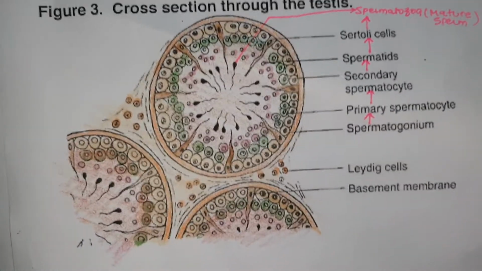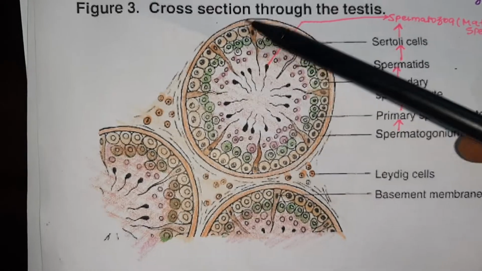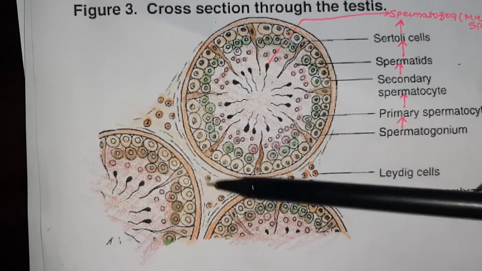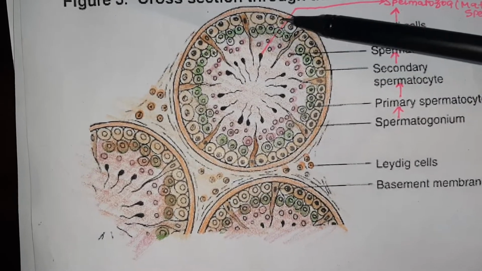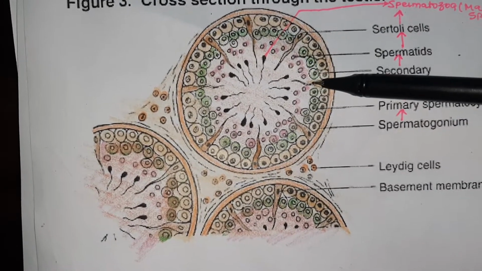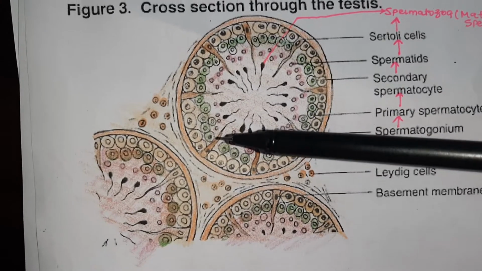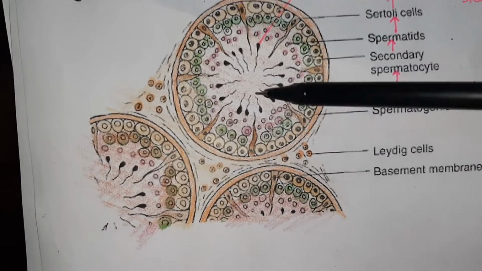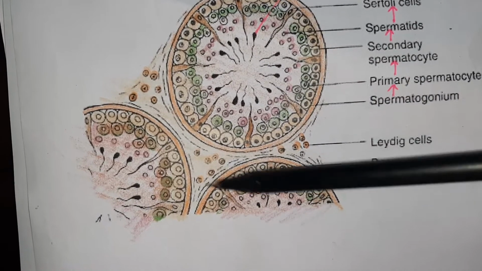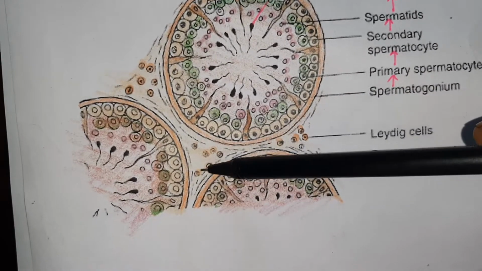Here we have the magnified diagram of the cross section of testes. Here this is the round structure. This is nothing but the section of the seminiferous tubules. So here you can see inside the seminiferous tubules there is a lumen. In between the seminiferous tubules there is a space.